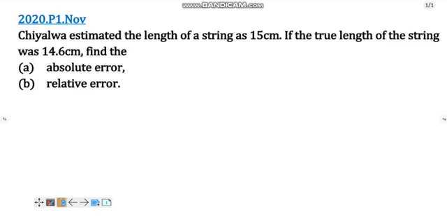In this question, we have the true value and the recorded value. This is what you have been given in the question. So we are going to write our question A. We are finding the absolute error equal to, open bar, recorded value minus true value.